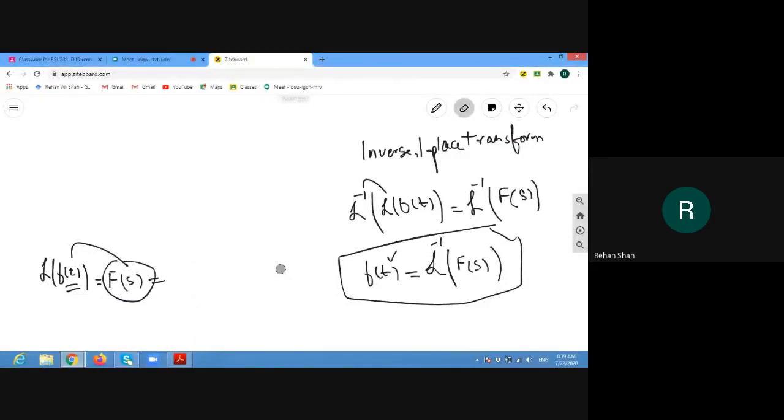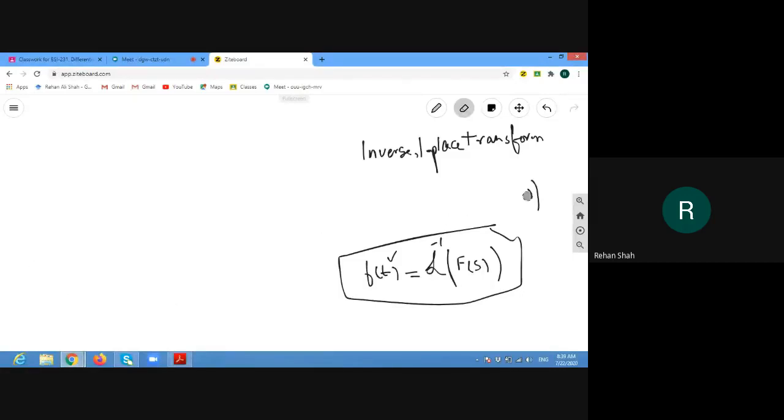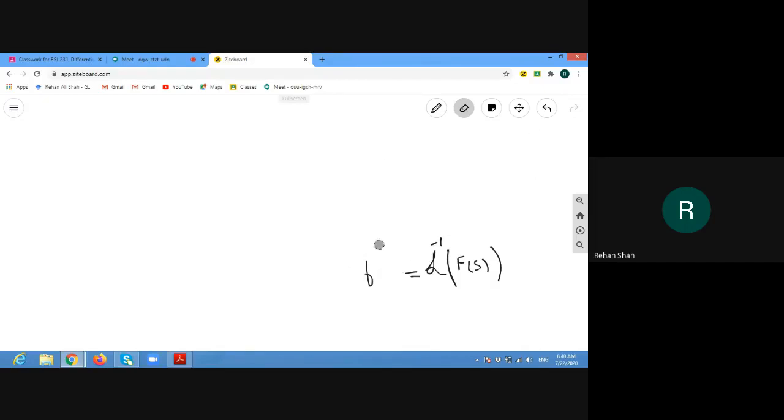So if the question is: let f of t is equal to 1, suppose.